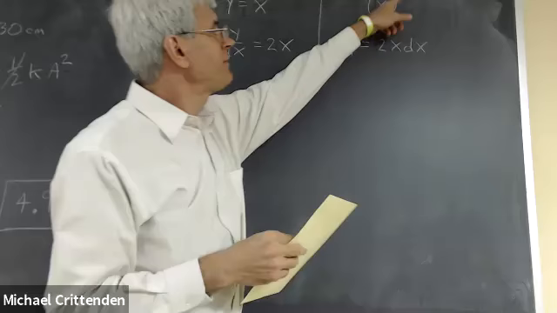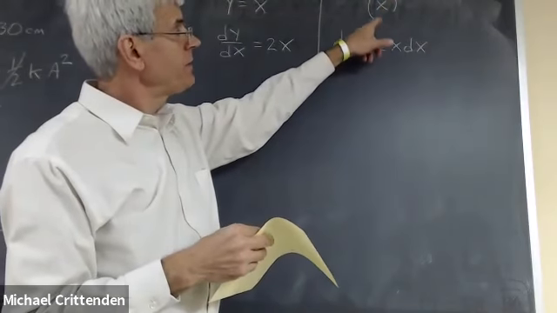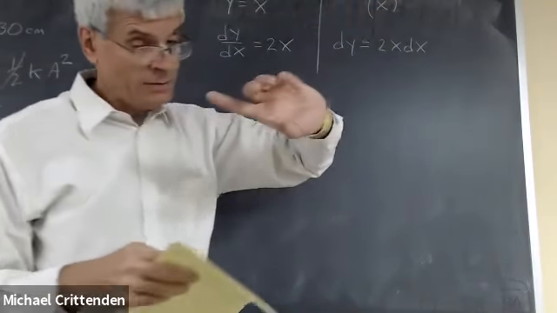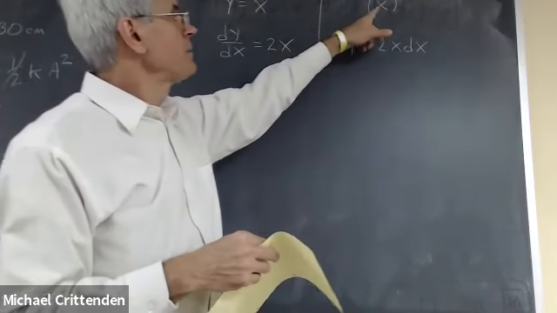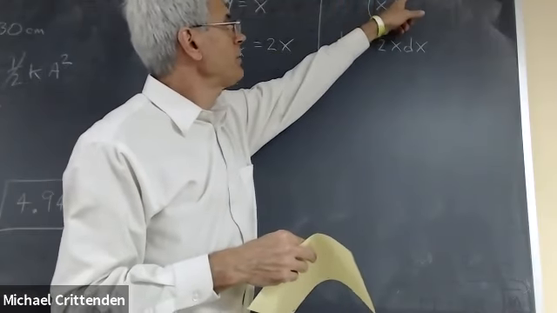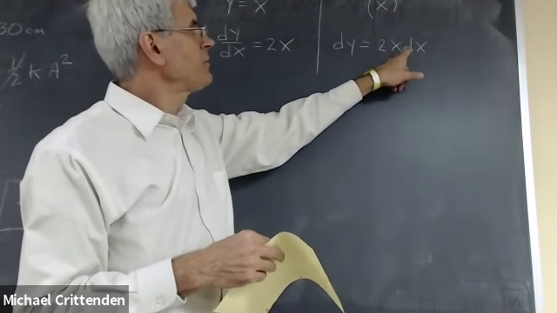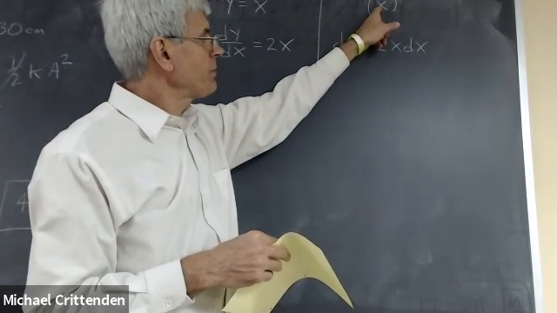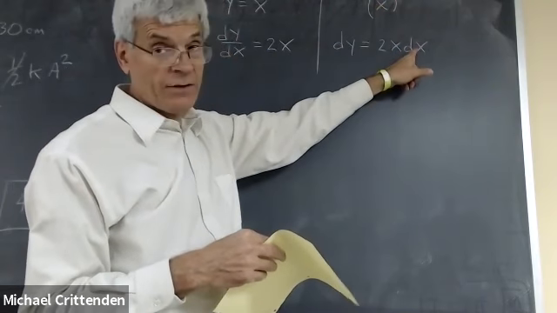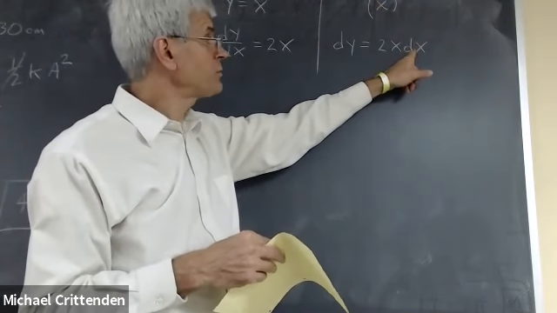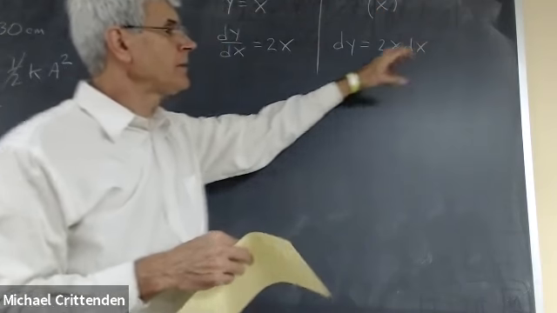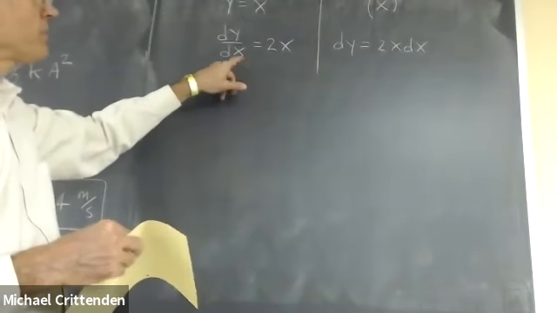The derivative of what's outside the parentheses, or actually, in this case, the differential. The differential of what's outside the parentheses, that would be 2x, times the differential of what's inside the parentheses, that's the dx. Okay, so this is actually here because of the chain rule rather than some algebraic process.